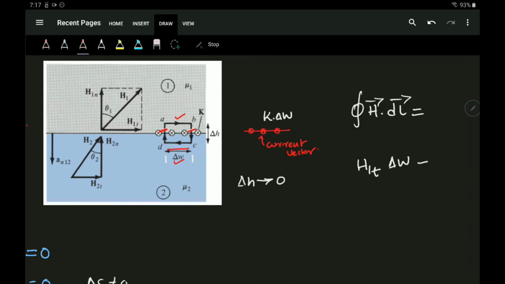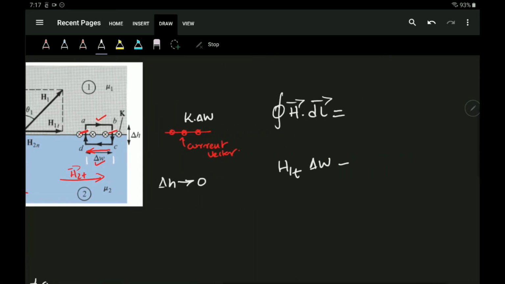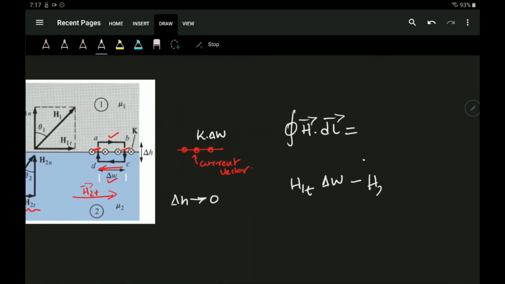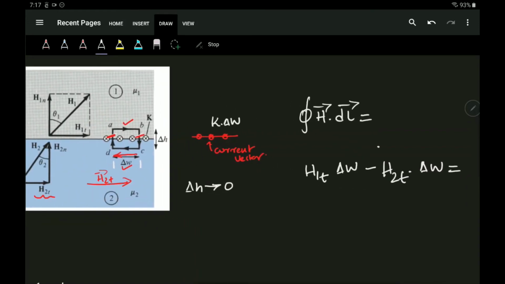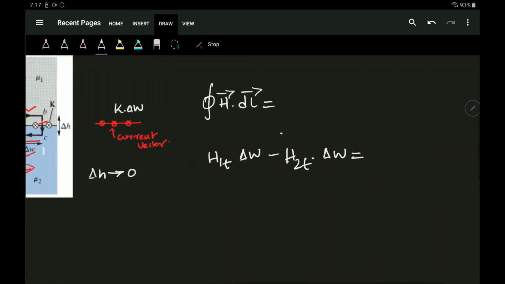I'm taking from c to d against my H2t, which is in this direction, and this can be written as minus H2t, again the path traverses delta w, which is equal to the surface current density, that is K dot del w. So this is what we get when I make my height very much equal to 0.